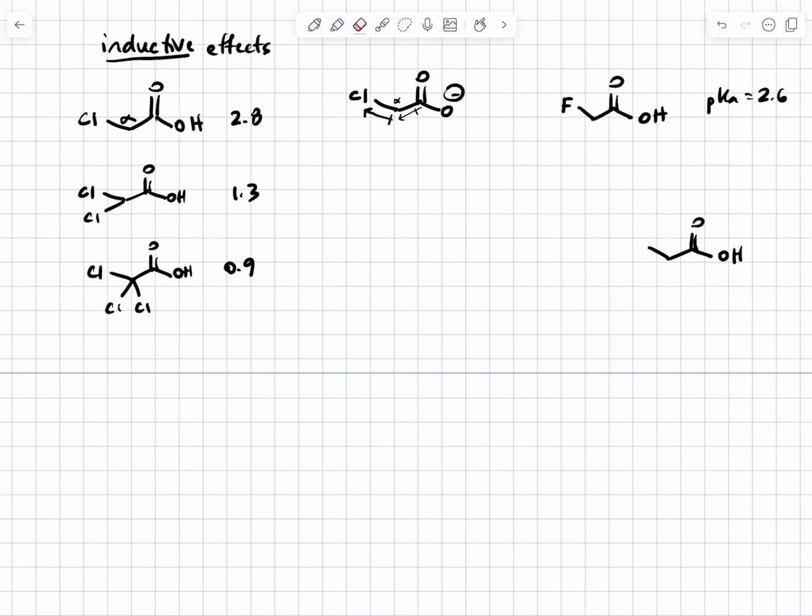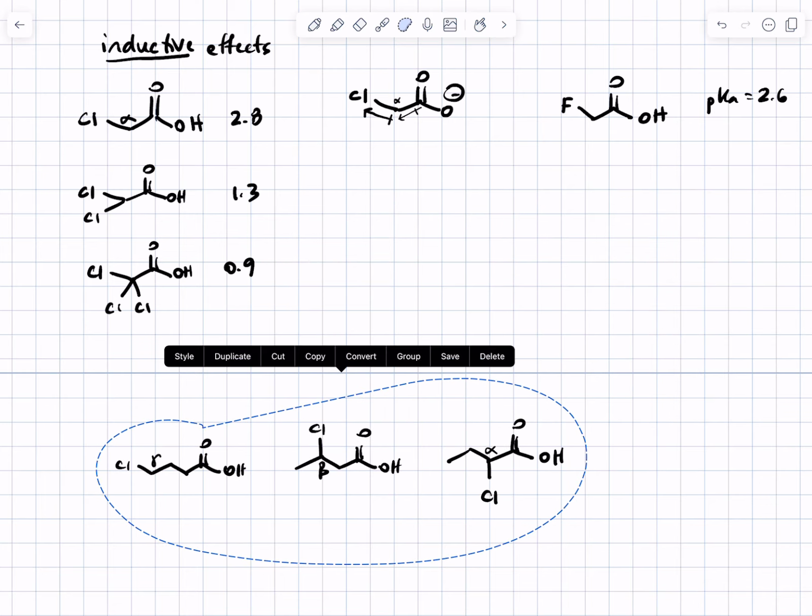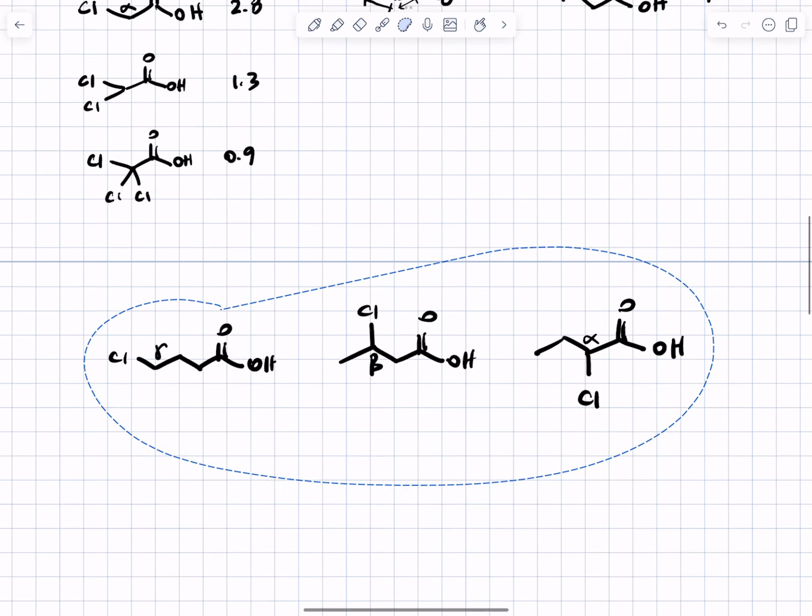And let's put the chloro on the alpha carbon. That's a 1, 2, 3, 4 carbon. 1, 2, 3, 4. Yep, on the alpha carbon versus the beta carbon versus the gamma carbon. That's not an R, that's a Greek letter gamma for penmanship.